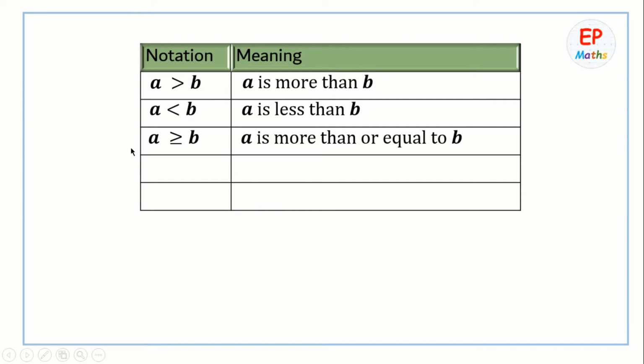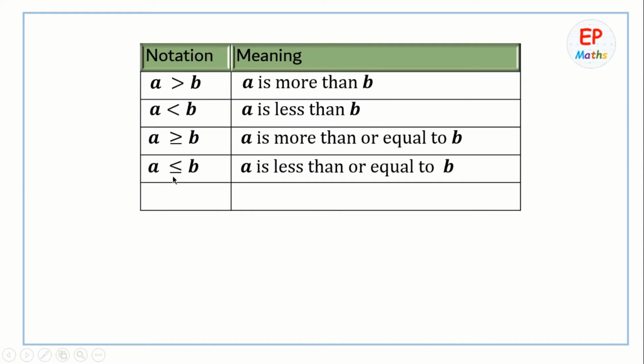Okay? We can read this as A is more than or equal to B, or A is greater than or equal to B, or A is bigger than or equal to B. Okay?